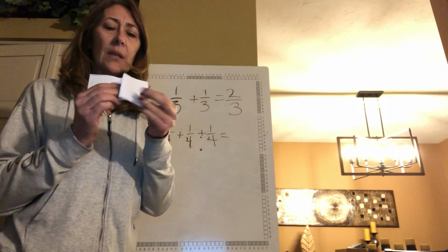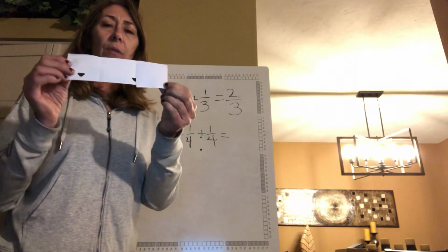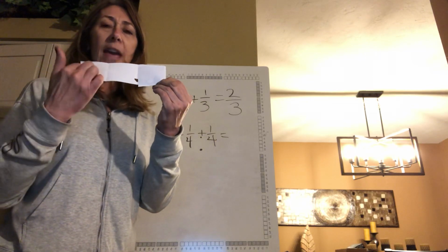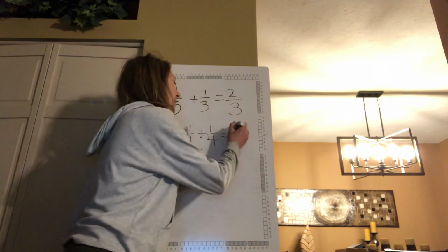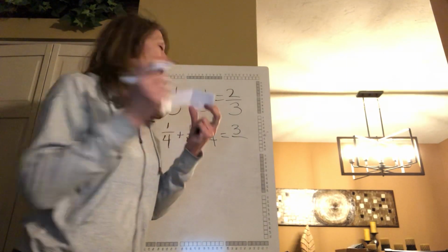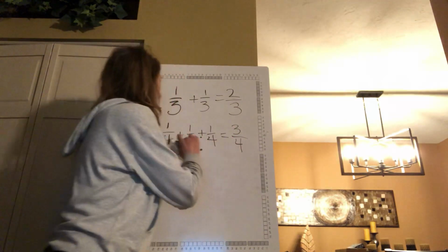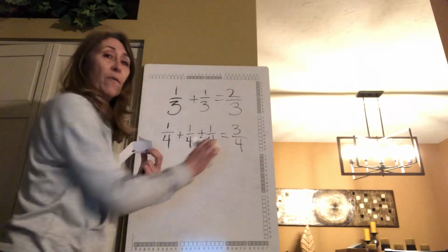One of those plus one of those plus one of those. So now, what do I have? 3 pieces. And what size are they? Fourths. 1/4 plus 1/4 plus 1/4 equals 3/4.